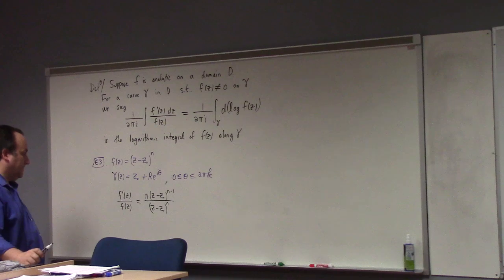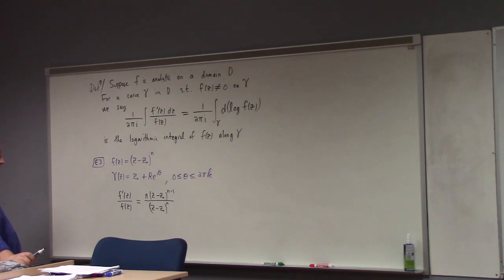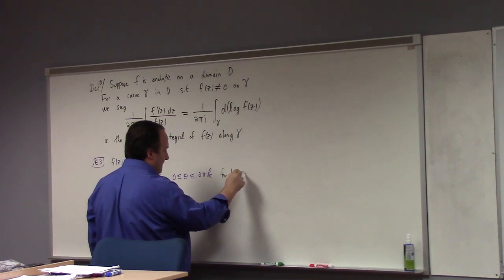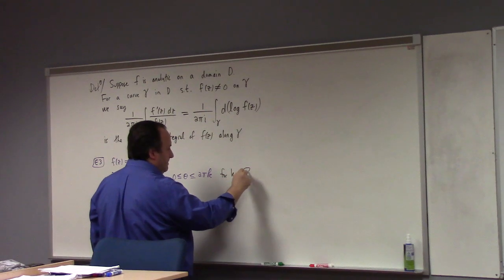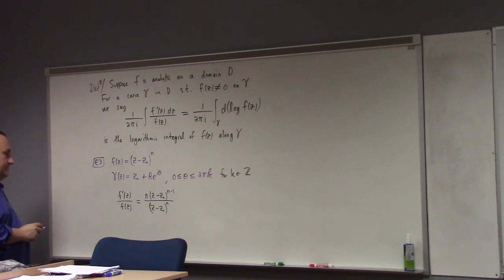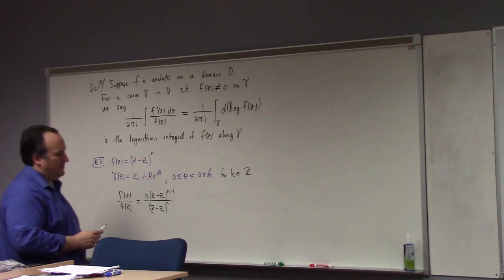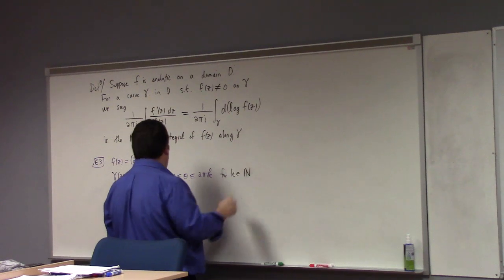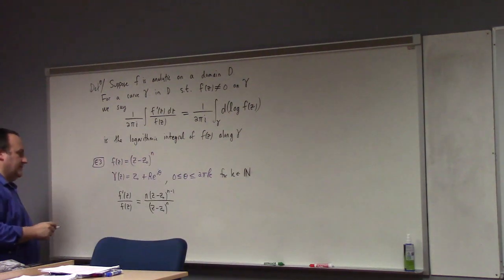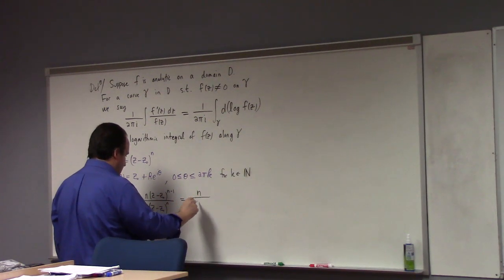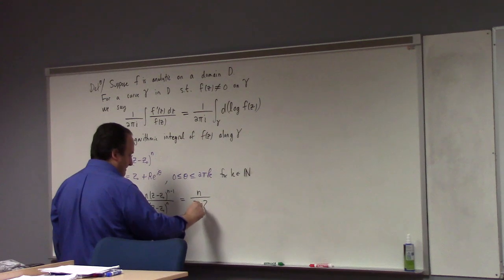You have to clarify that k is an integer, or does it not matter? Yeah. I guess I better put positive integer given the rest of what I wrote. Okay, so that is what? That's n over z minus z naught, right?